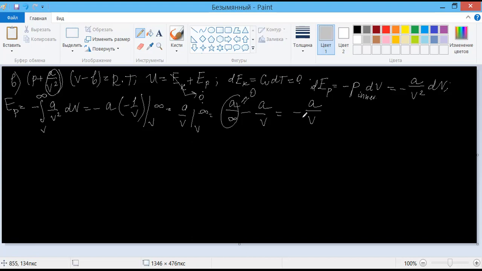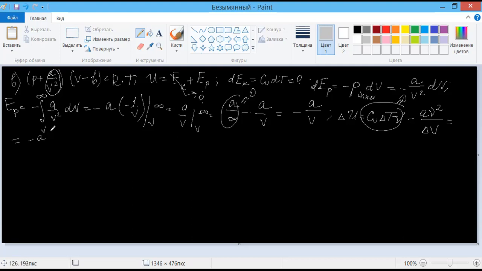Okay, and that means only one thing, that delta U for van der Waals gas equals CV times delta T minus, of course, times nu, minus A nu squared over delta V. Okay, delta V. But again, this element equals 0 because the process is at constant temperature.